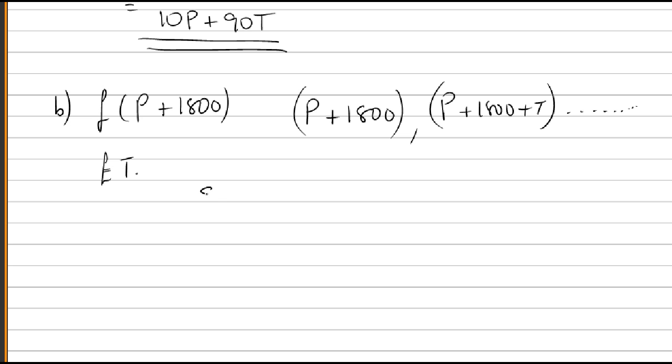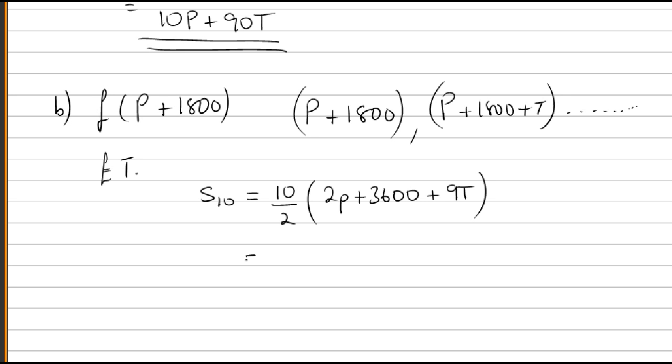So to find the sum of the first 10 terms in scheme 2, we write 10 over 2 times 2 times the first term, which is 2p plus 3600, plus n minus 1, or 10 minus 1 is 9, lots of the difference, which is t.